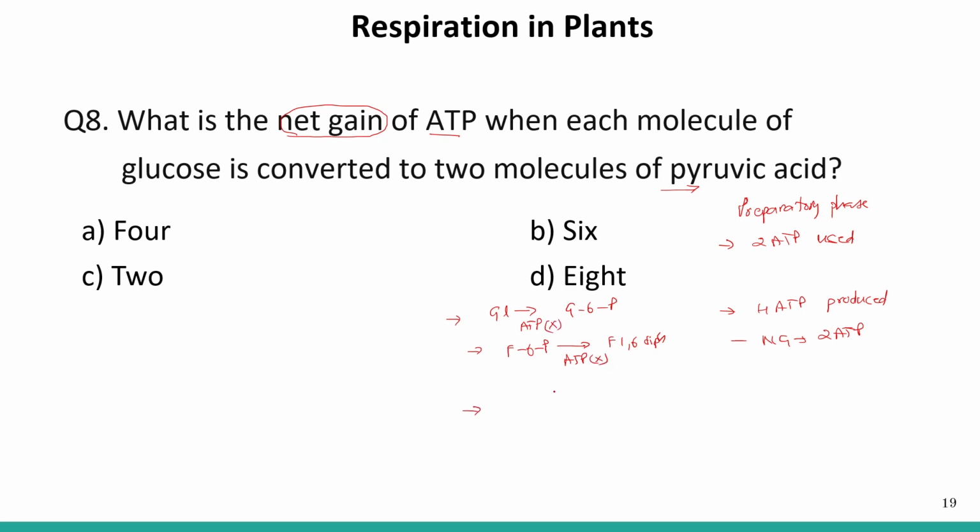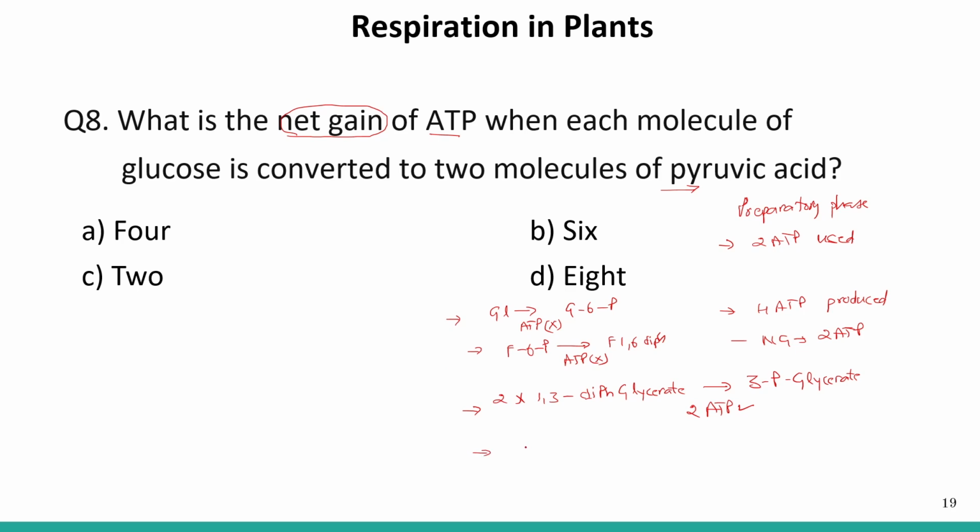Then ATP is produced later. In which stages? When 1,3-diphosphoglycerate is converted into 3-phosphoglycerate, ATP is produced. Now we have 2 molecules of diphosphoglycerate, so 2 ATP are produced.